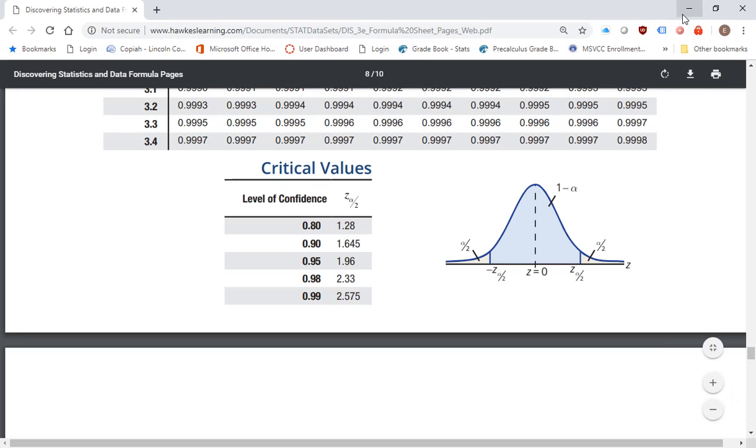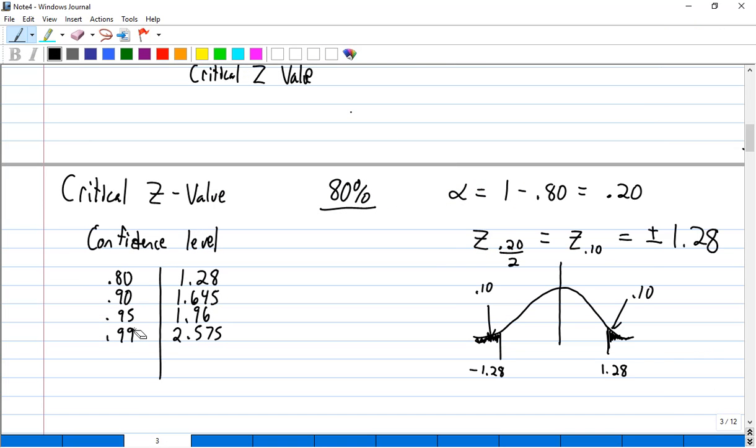So 0.98 is 2.33. And 0.99 was 2.575. All right. This is not every possible imaginable confidence interval ever. But these are the ones that are most commonly used when making these confidence intervals for a population mean.